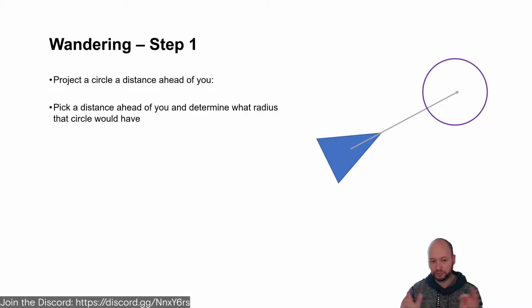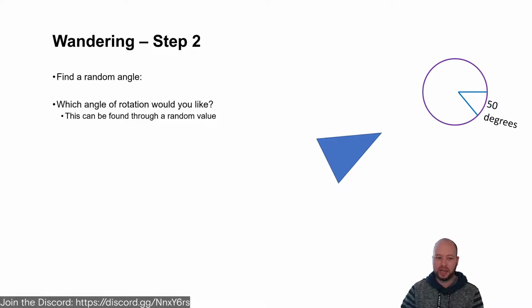So the first step is we take a distance, we create a circle there, we determine what the radius and the distance are. Those are parameters that you get to choose. We then decide on a random angle, which you can determine using a random number generator.